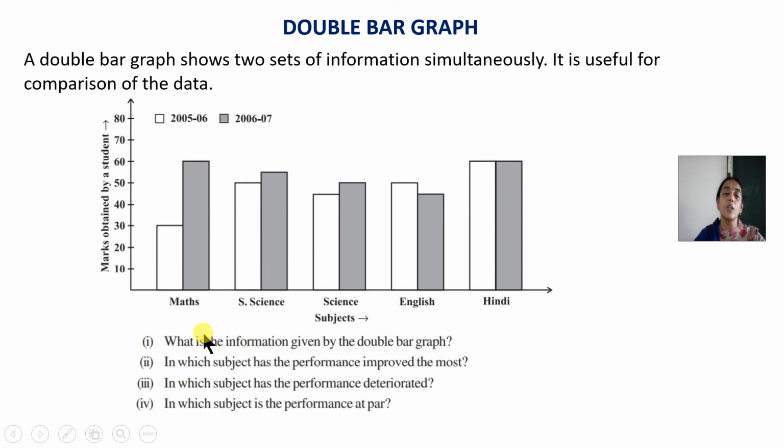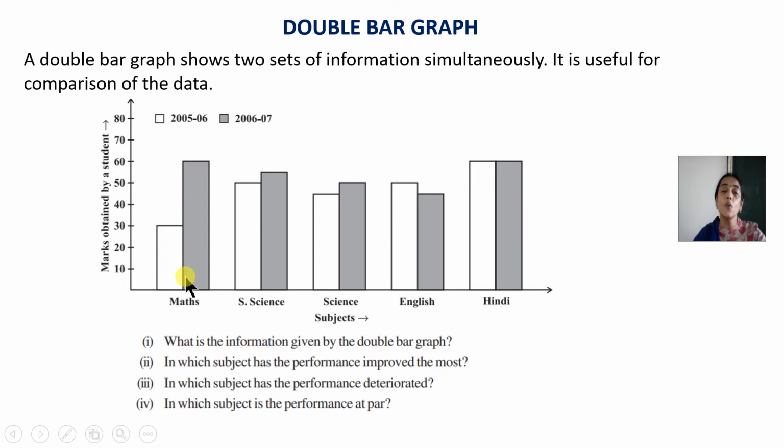So here these are the marks obtained by a student in maths, science, social science, English and Hindi in the years 2005 and 2006. See, there is a lot of improvement in the subject maths. In 2005 he got only 30 marks, but in 2006-2007 he got 60 marks.